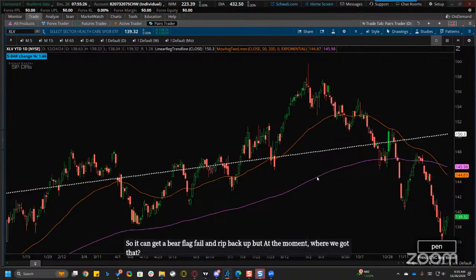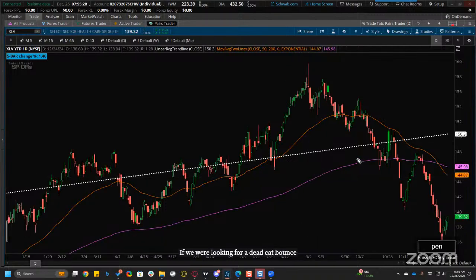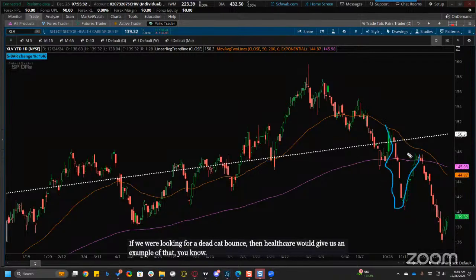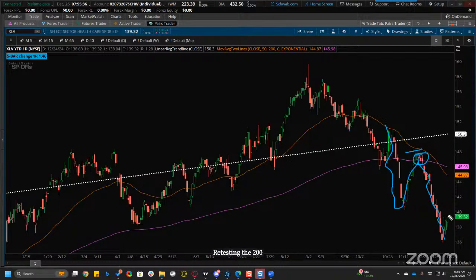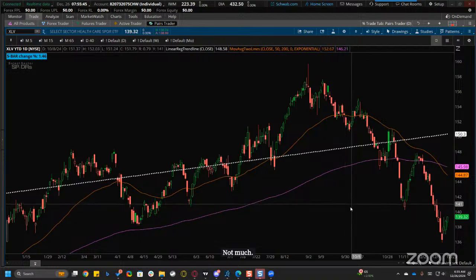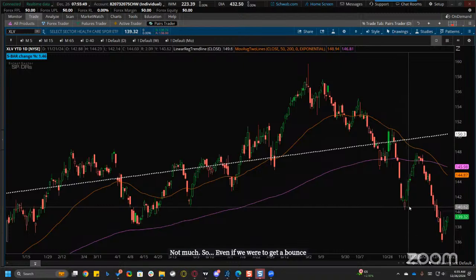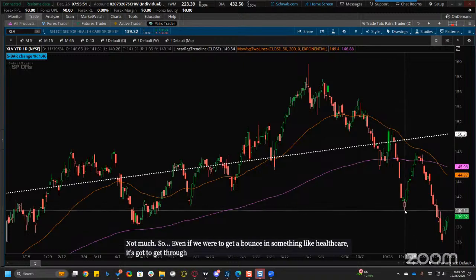If we were looking for a dead cat bounce, then healthcare would give us an example of that. You know, a deep fall and a rip back up to the half, retesting the 200, another deep fall. But then look at that pathetic little bounce there. Not much. So even if we were to get a bounce in something like healthcare, it's got to get through its own pivot point back here at 140.